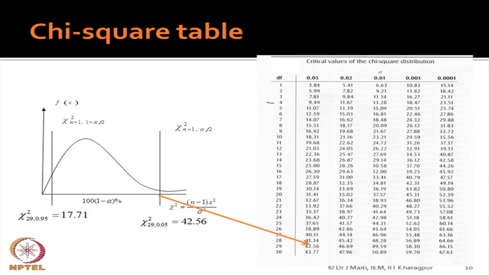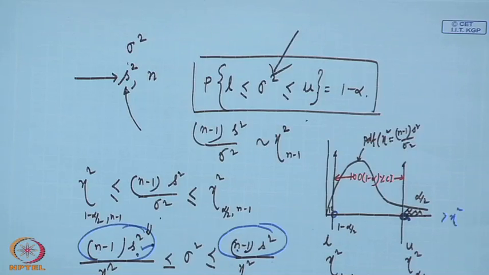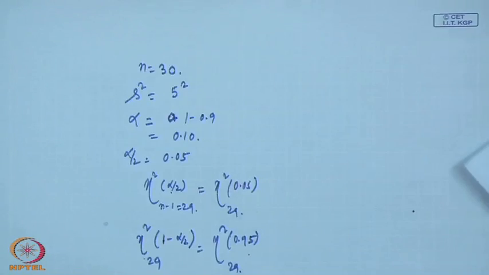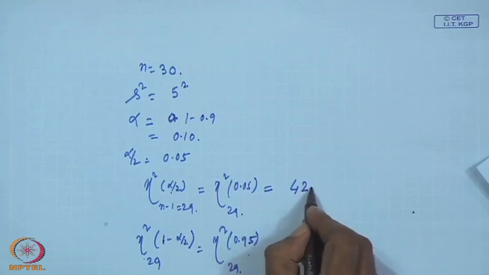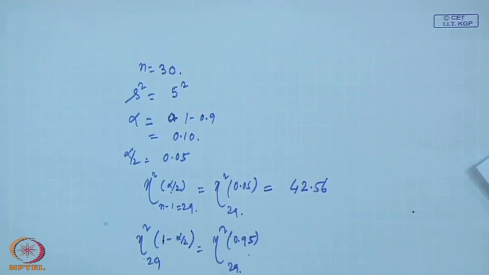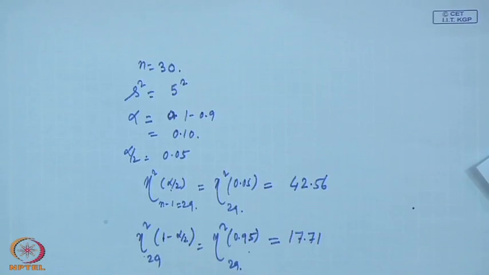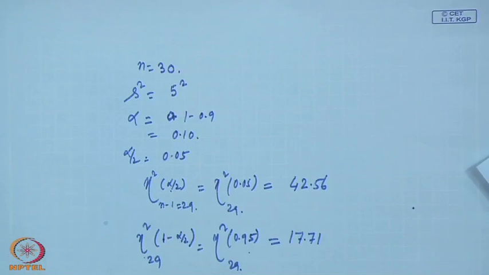So chi square 29, 0.05, that is 42.56. Similarly, chi square 29, 0.95, that is 17.71. So once you know these two values, 42.56 and 17.71, you know them.